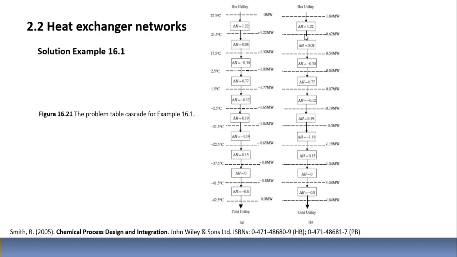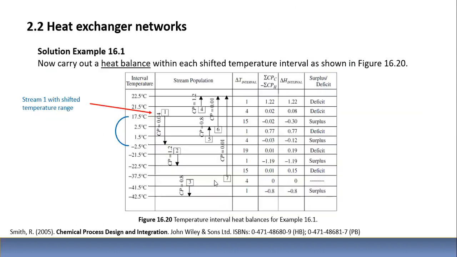These obey all these temperature intervals from minus 42.5 to 22.5. They obey these exact temperature intervals. And the delta H's that you see, the heat balance, these exact values within every temperature interval are expressed on the cascade table.